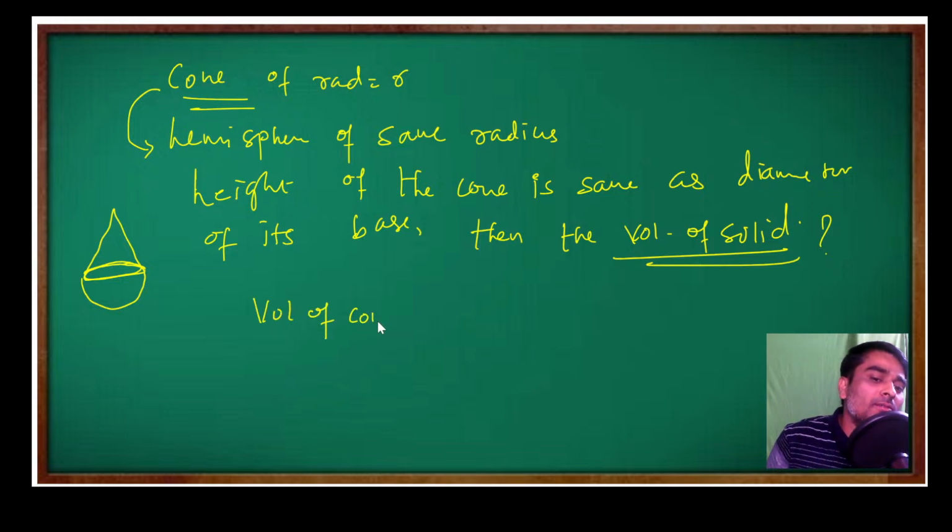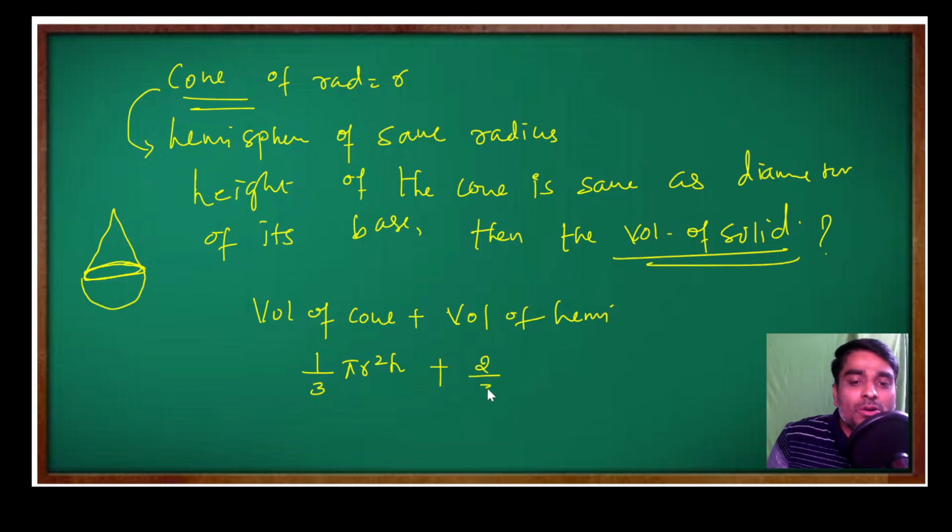Volume of cone plus volume of hemisphere. What is the volume of cone given by? 1 by 3 pi r square h. And what is the volume of hemisphere? 2 by 3 pi r cube.